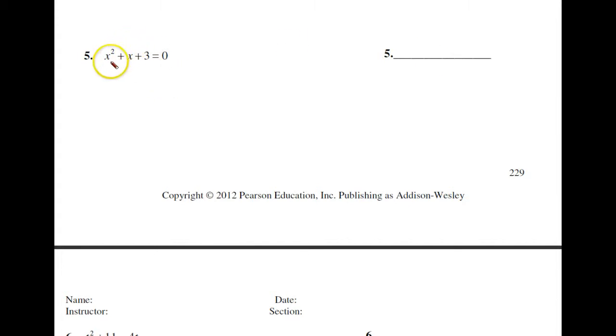Now, in this next one, we notice A will be 1, B will be 1, and C is 3. So, X equals a negative B, so negative 1, plus or minus the square root of B squared is 1, minus 4, A is 1, and C is a 3.